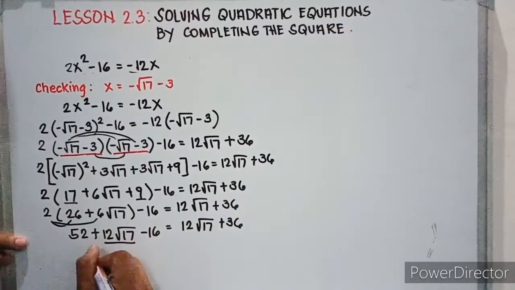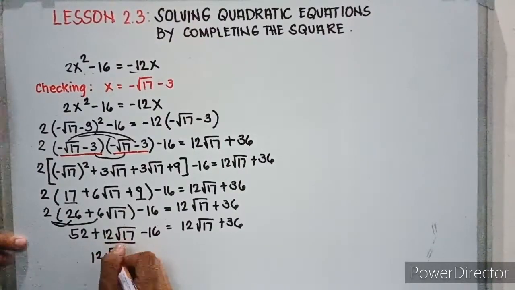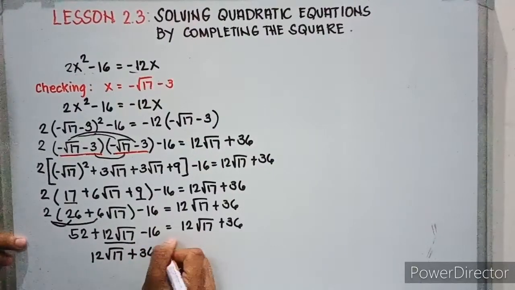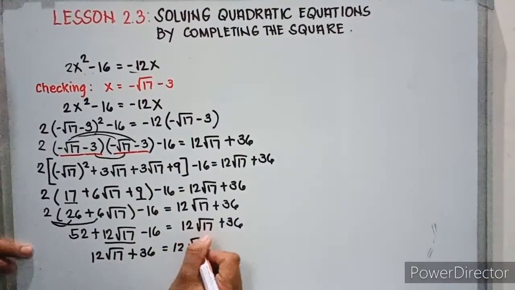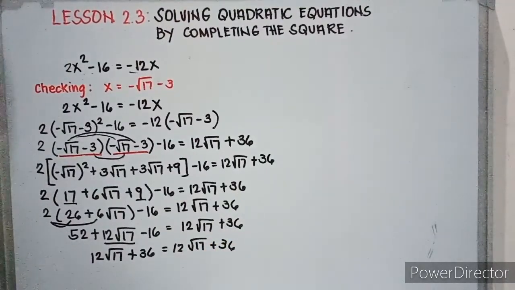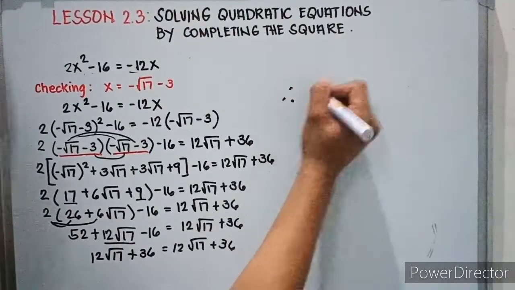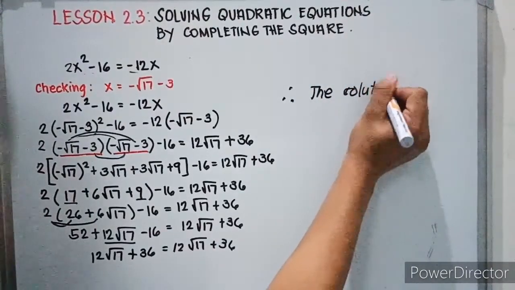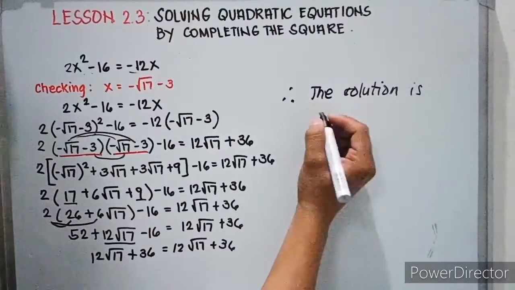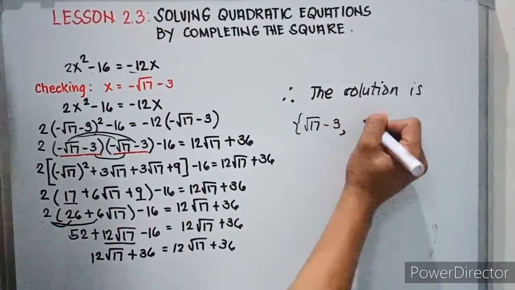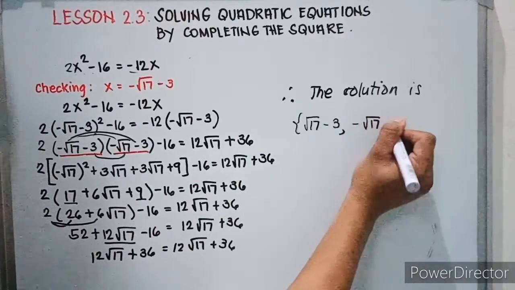So we have 12 square root of 17 plus 36 equals 12 square root of 17 plus 36. So as you can see, equal ang left side at right side. Kaya therefore, the solution is square root of 17 minus 3 and negative square root of 17 minus 3.